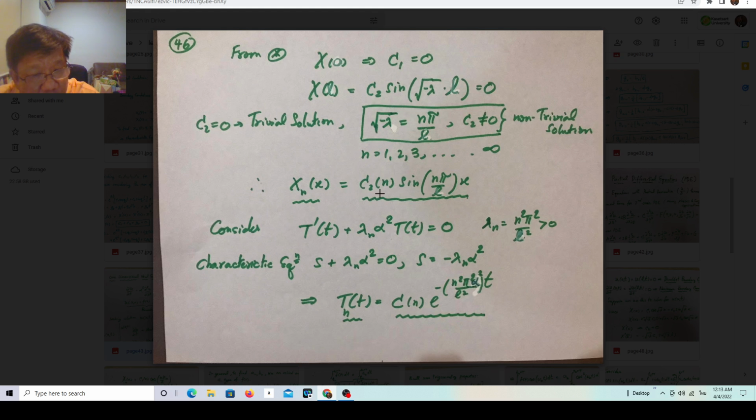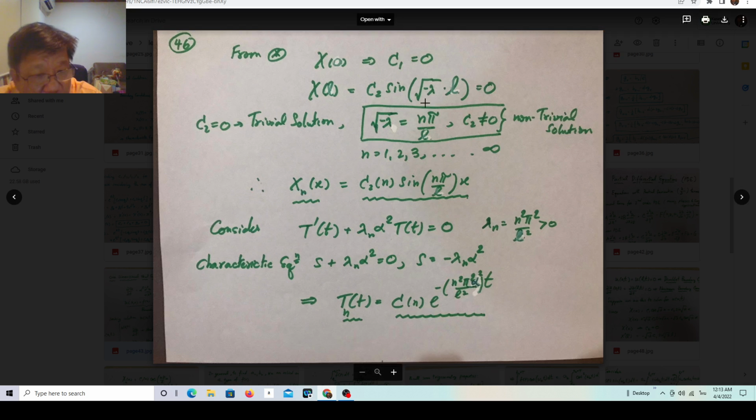So c sub 2 becomes a function that depends on n, and the capital X function that used to rely on x also relies on the new parameter n, based on this non-trivial solution.